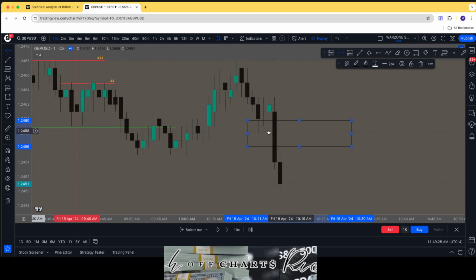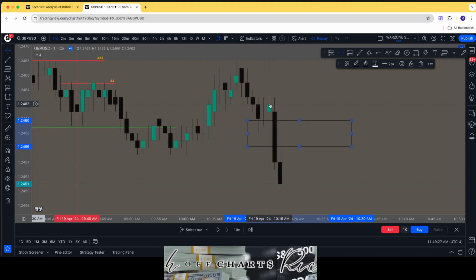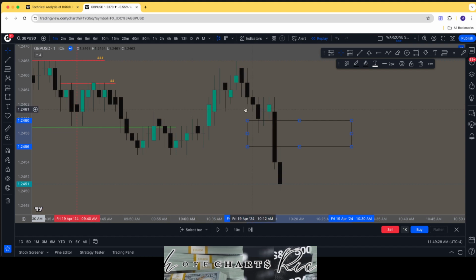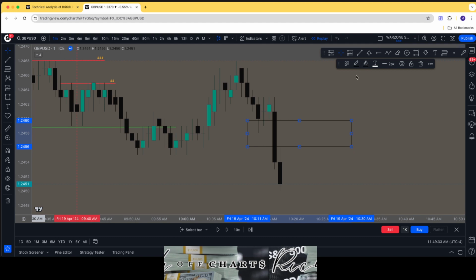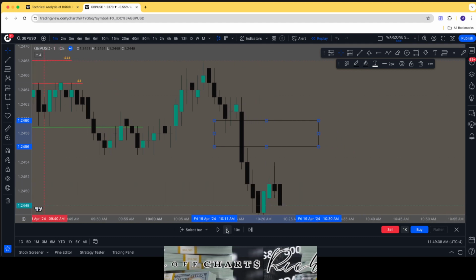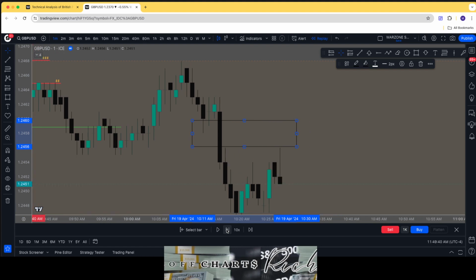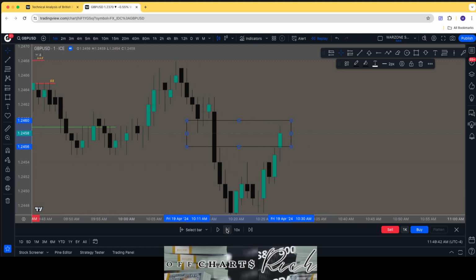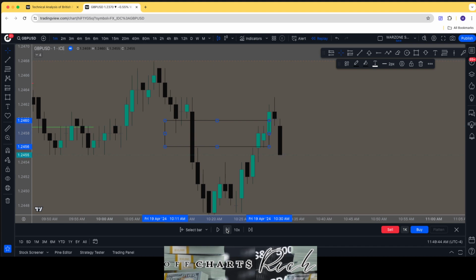What we're going to do is wait for price to come back into here. All right. So price comes back into here, into this gap. I'll be selling it. We're going to wait. The key in this situation is not to trade until price comes back into it. All right.